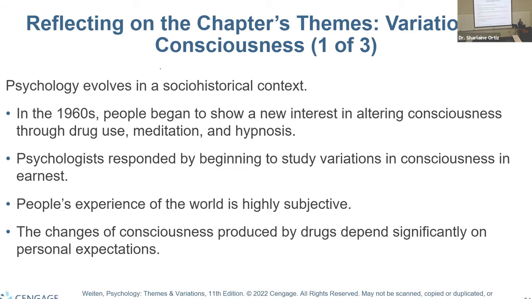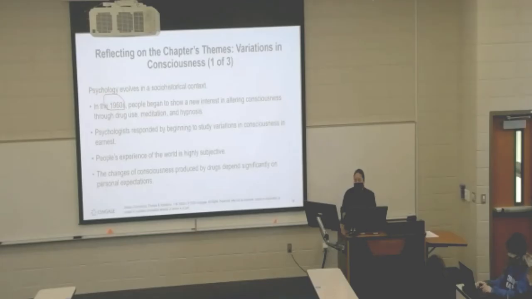Now, when it comes to psychology in a social historical context, thinking about altered states of consciousness and drugs, notice that in the 60s, and as you know, psychology is a new science, by the way. Psychology hasn't been around for long.